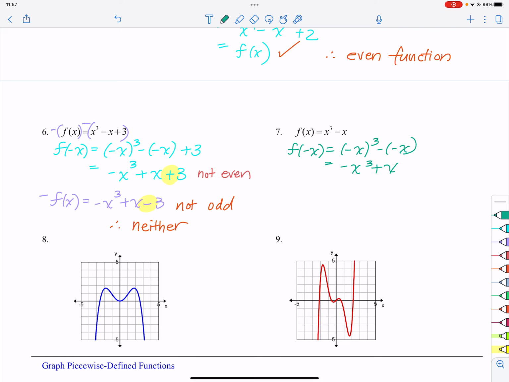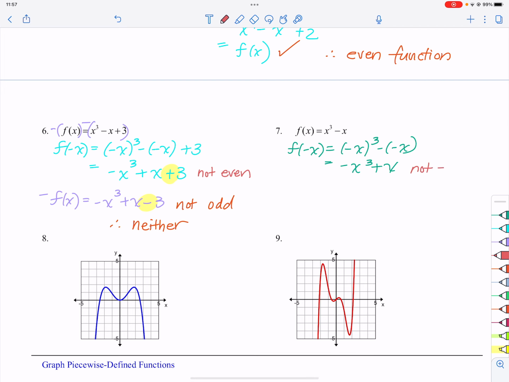So we're definitely not even. Let's go ahead and see what the opposite of f of x is. And that's the opposite of x cubed plus x.